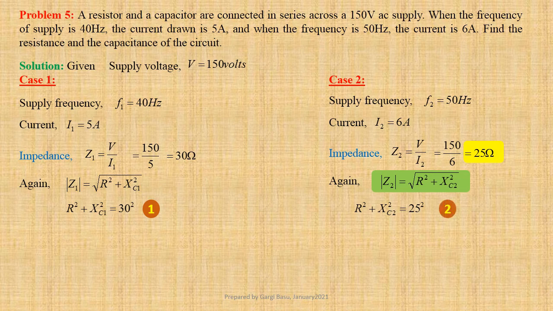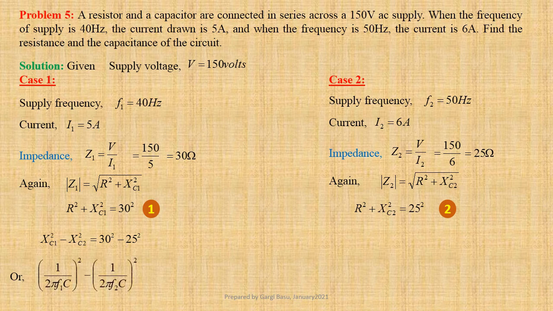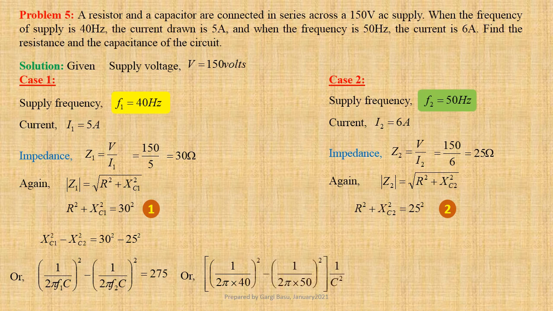By subtracting equation number 2 from equation number 1 we get Xc1 square minus Xc2 square equals 30 square minus 25 square, or (1 upon 2 pi F1 C) whole square minus (1 upon 2 pi F2 C) whole square equals 275, or [(1 upon 2 pi into 40) whole square minus (1 upon 2 pi into 50) whole square] into 1 upon C square equals 275.